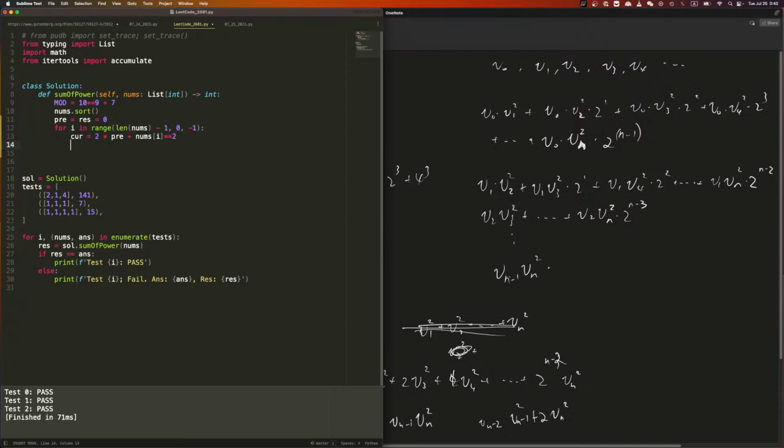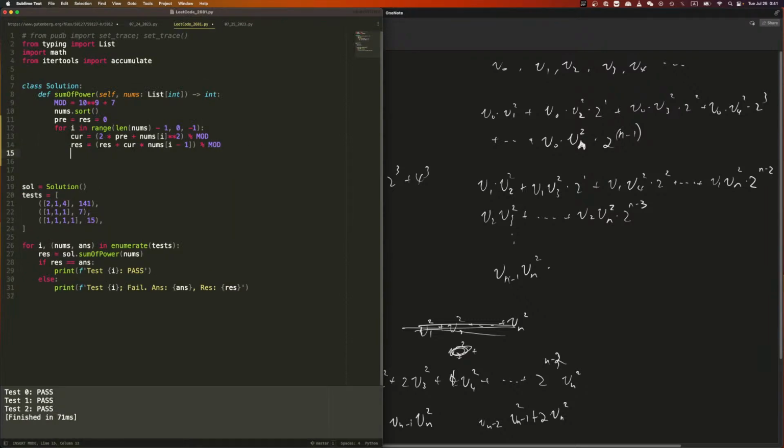Once we do that, res equals res plus, we'll probably need a mod here as well, because it's all plus and mod, it's fine. Res plus current times nums I minus 1, and we'll mod. Once we're done, pre equals current.